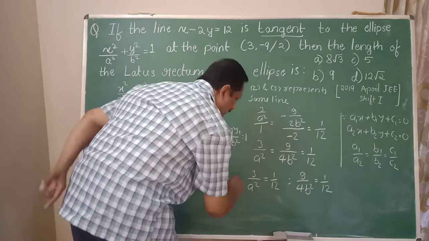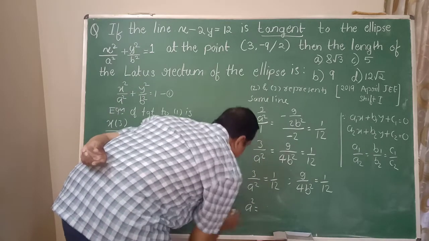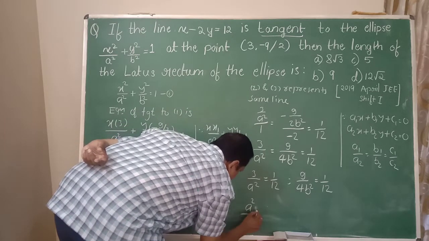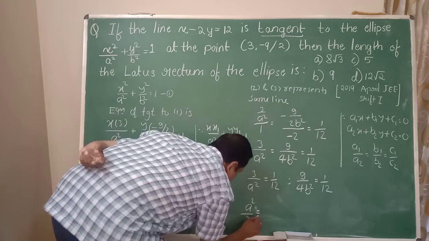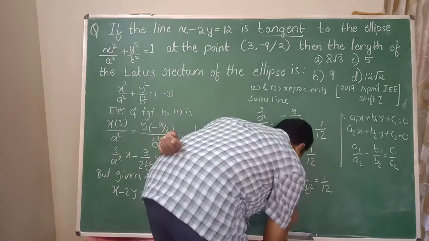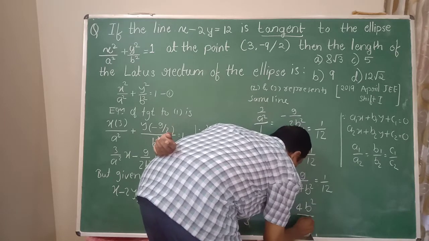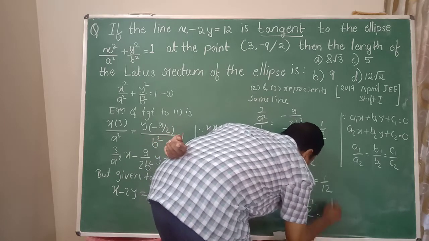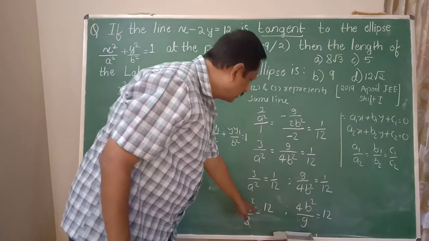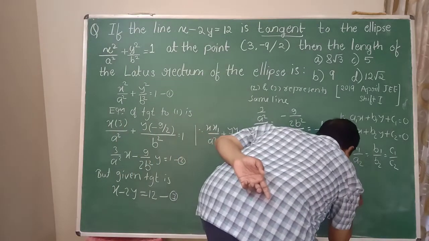Take the reciprocal. Hence a square divided by 3 is equal to 12, and 4b square divided by 9 is equal to 12. Cross multiplying, 12 3s are 36. Therefore a square is equal to 36.